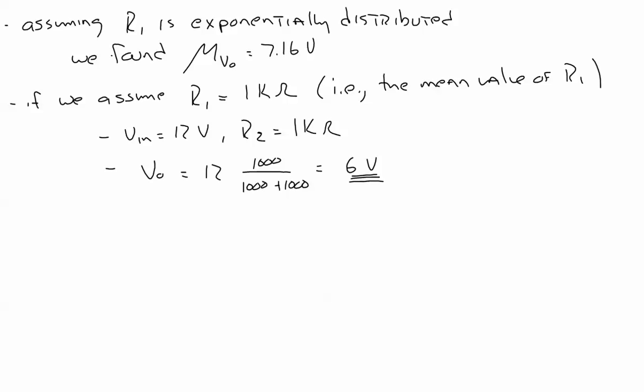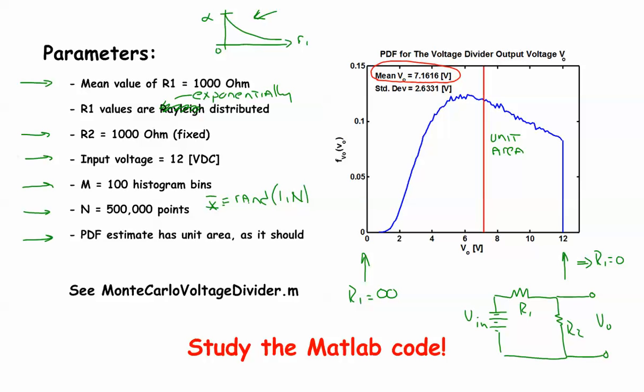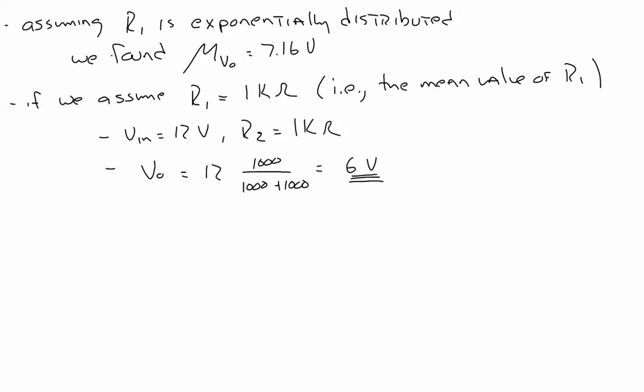All right. So using Monte Carlo simulation techniques, I came up with a probability density function and a mean output voltage of 7.16 volts, and that is absolutely not something I would expect by calculating the output voltage based on the mean value of my random parameter.